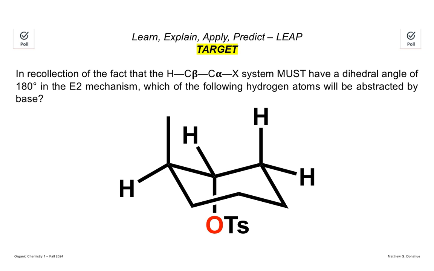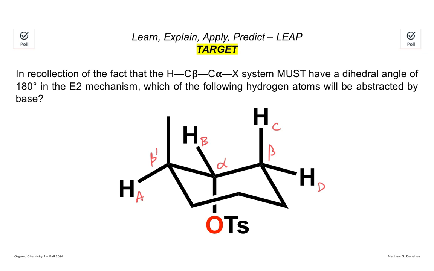So here's our alpha. I think we were calling this one beta and this one beta prime. So let me label these A, B, C, and D. So we can eliminate HB because that's on an alpha carbon.